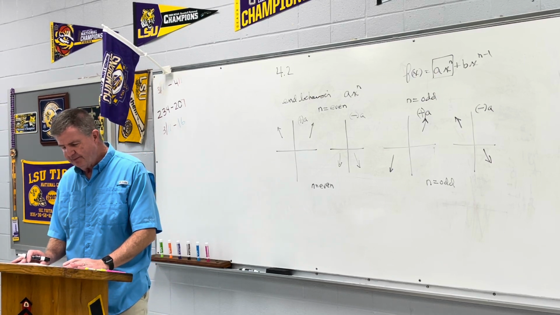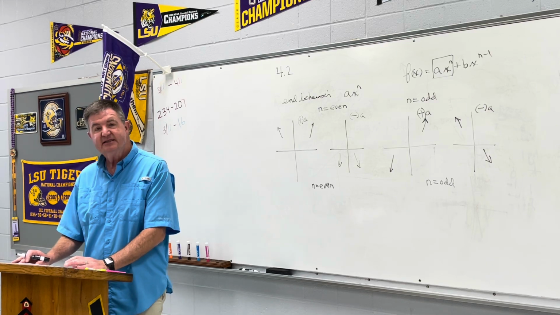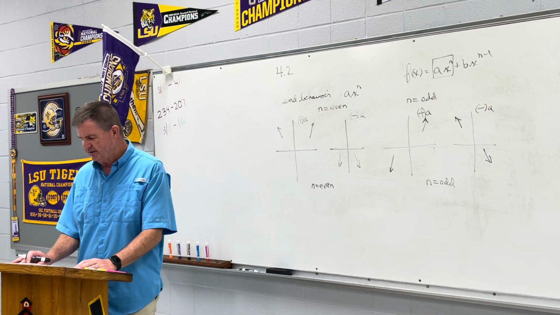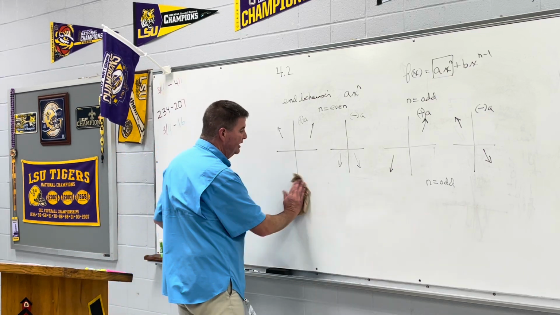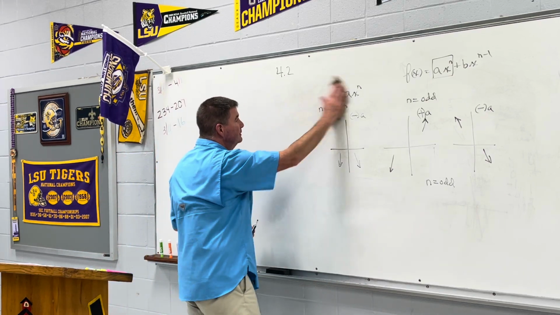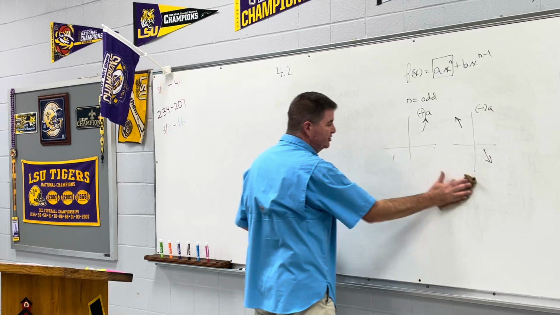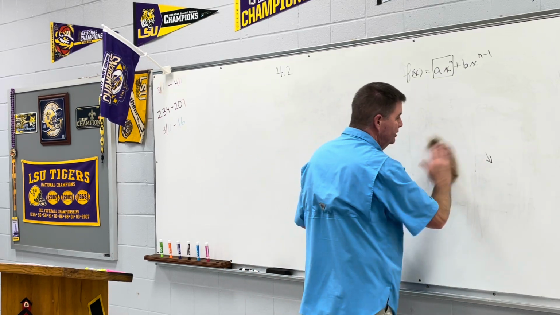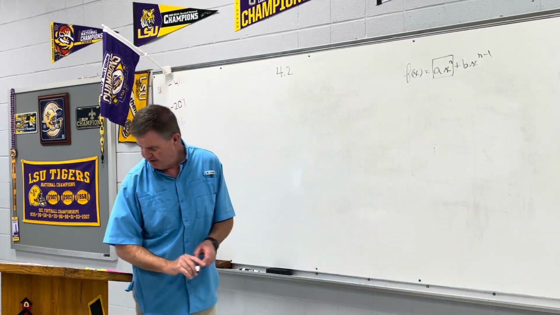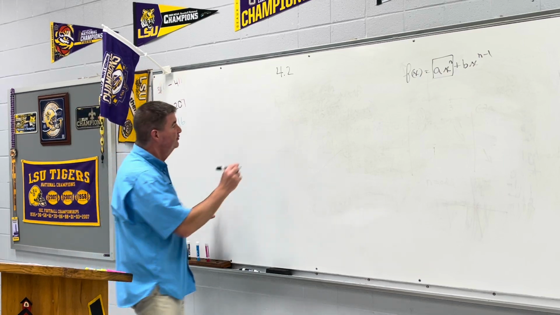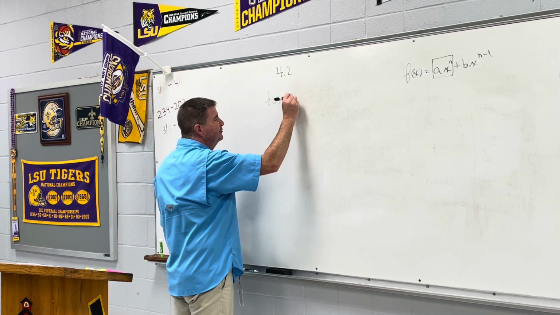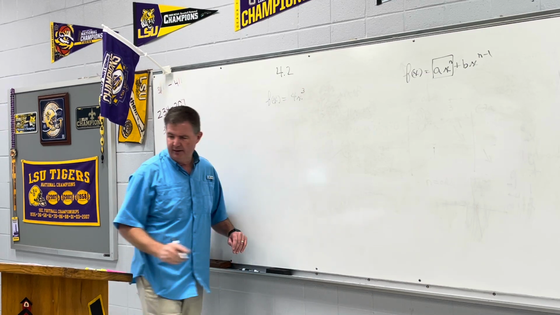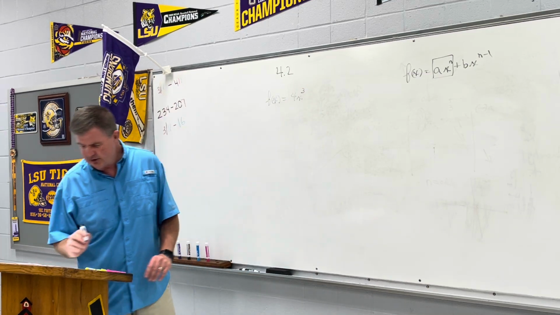So, for example number 2, they want us to take the function and find the end behavior. The function in question is f of x is equal to 4x to the third minus 2x plus 1.